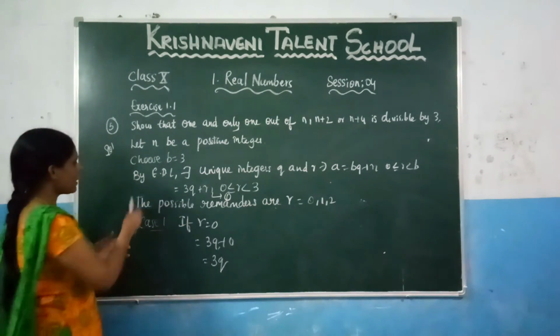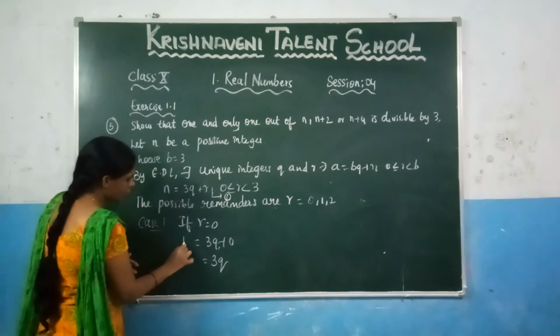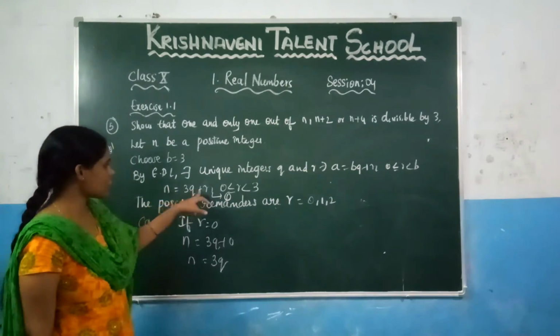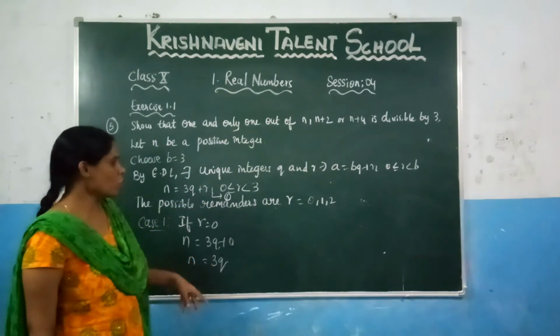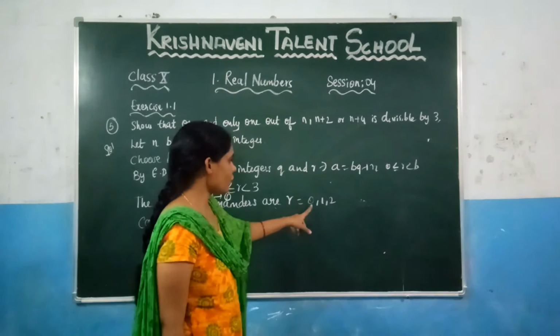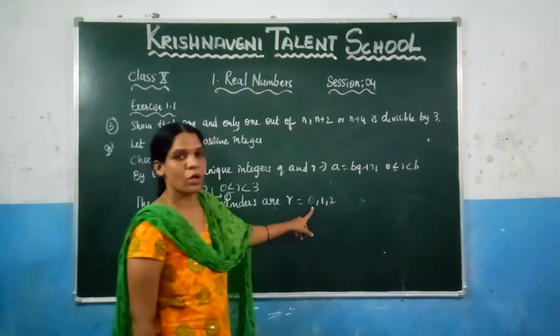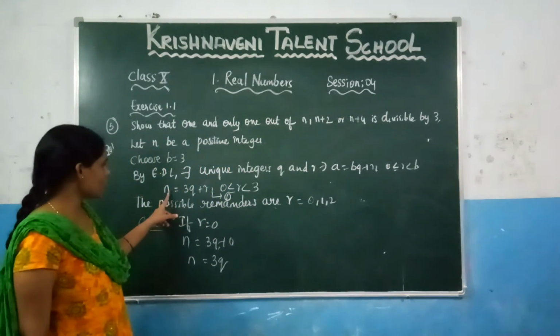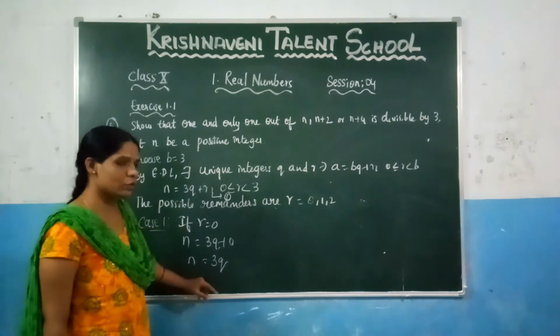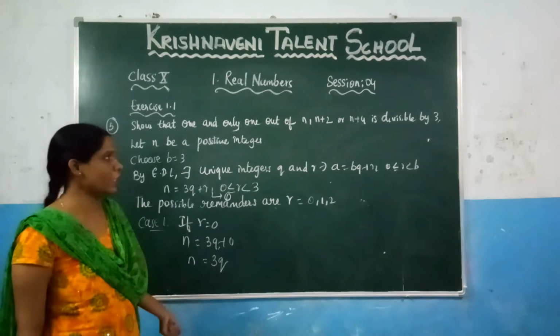Since we took n as the positive integer, write it here n and write it here n. Right? Now here what we got is n is equal to 3q plus r. So what are the possibilities for r? 0, 1, 2. Let us take the first case. If r is equal to 0, what will you get? You will get n is equal to 3q plus 0, which is nothing but n is equal to 3q. Now what we need to show here?